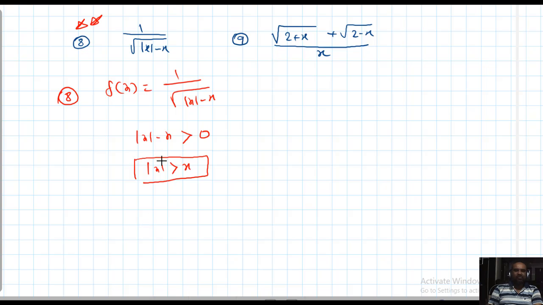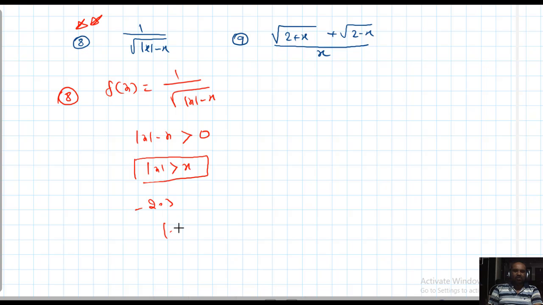Generally you can say x should be a negative number. For example, you take x as positive 2.3. Mod 2.3 greater than 2.3? 2.3 greater than 2.3 is wrong. Any number is not greater than itself. That means positive real numbers won't satisfy this inequality. Take a negative real number, for example minus 2.3.